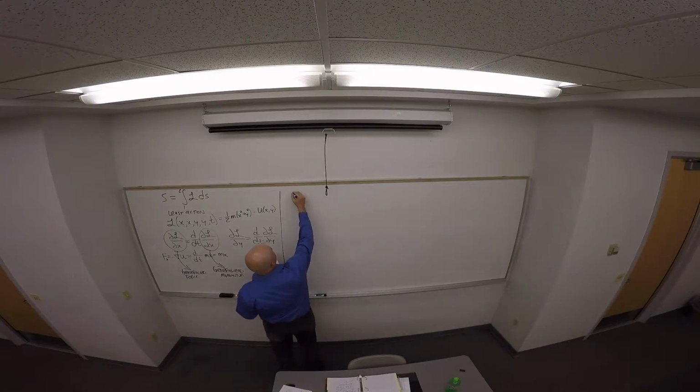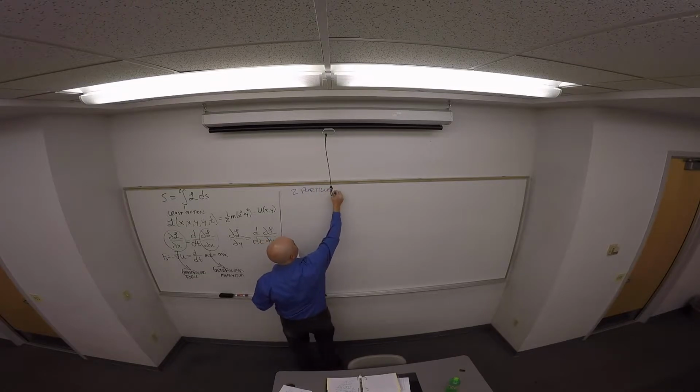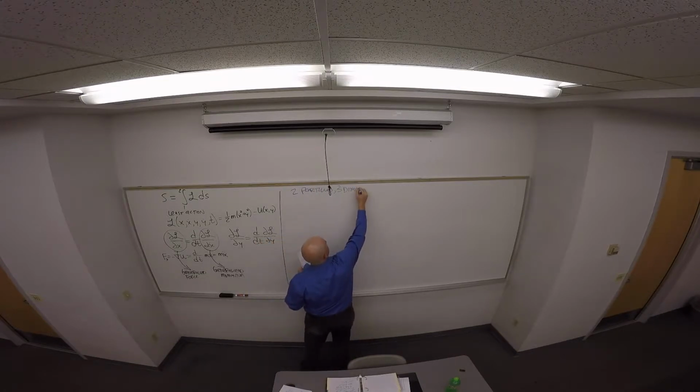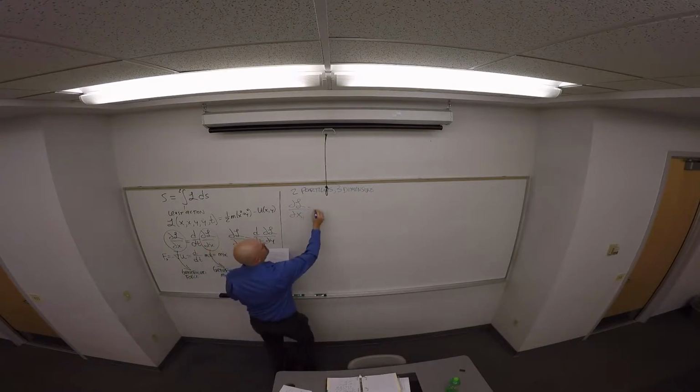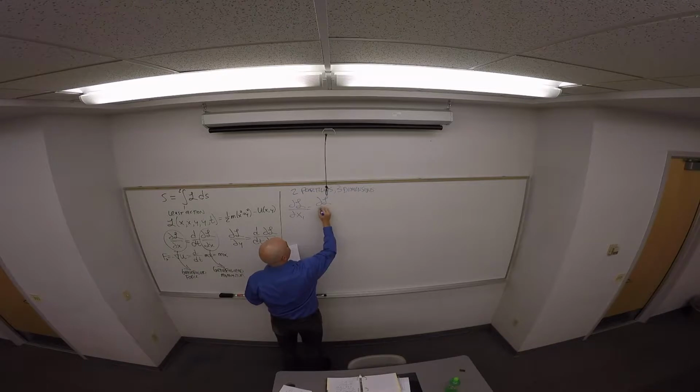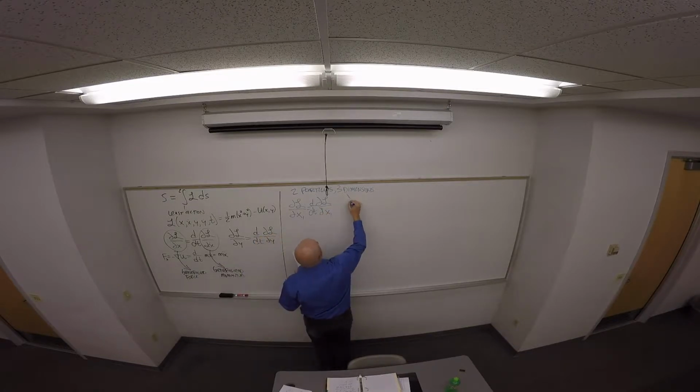So say 2 particles, 3 dimensions. You're going to end up with the generalized force for particle 1 equal to d by dt of the generalized momentum of particle 1. And that's going to be true for particle 1 in each dimension.